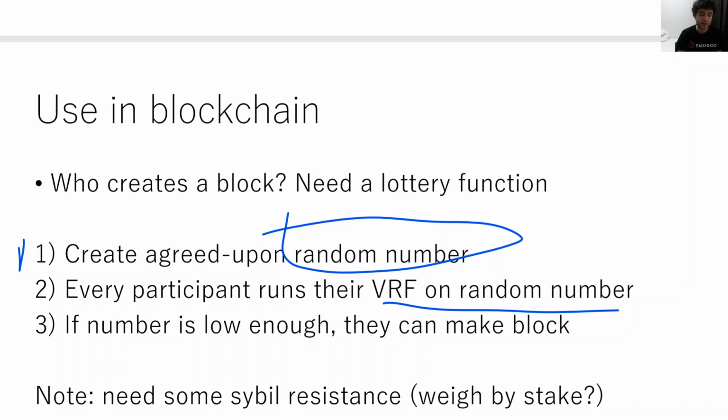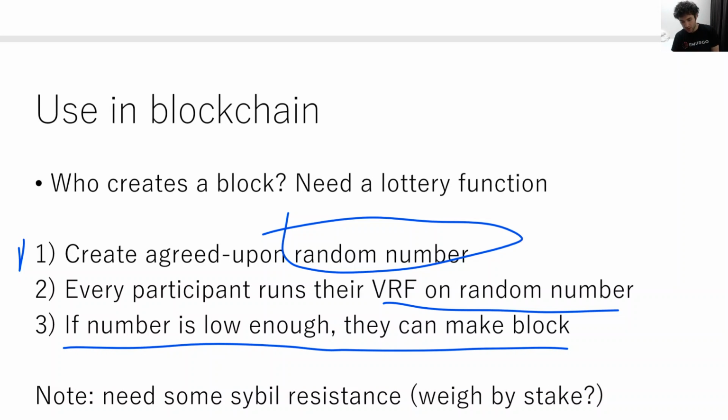And then we could say, for example, if your number is low enough, then you can make the block. So I run my VRF, I get 10, and I say, okay, if anybody gets a number smaller than 10, then they are the block creator.